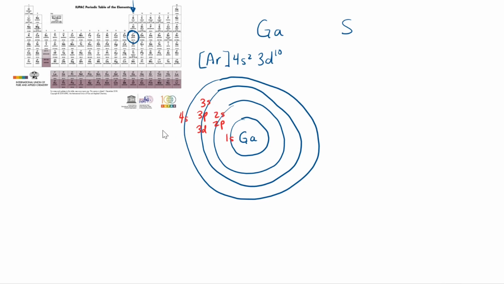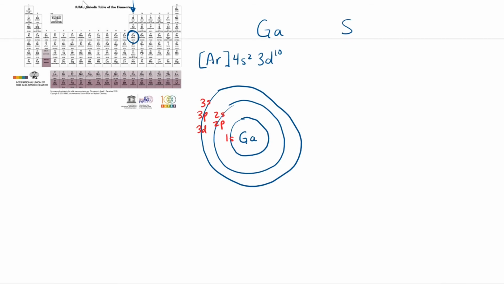Now looking at it a little bit more intuitively, if we're going in from the outside towards the nucleus of this gallium atom, we're going to run into these 4s electrons first. Those are the farthest away, and really they're going to be at the highest energy state. So instead of trying to attack this complete third shell, including the complete set of 3d electrons, what we're going to do is remove those 4s electrons completely and knock it down to this completed third shell.